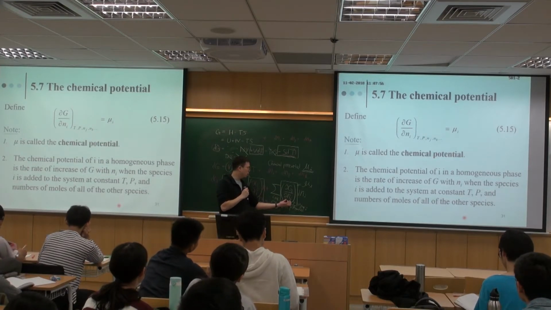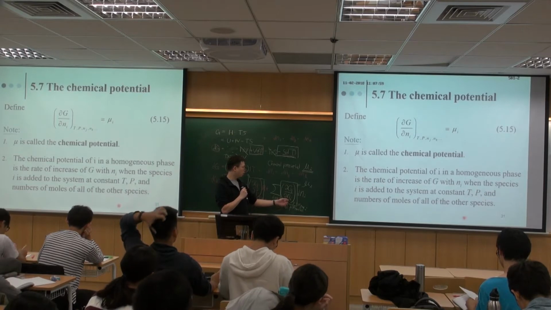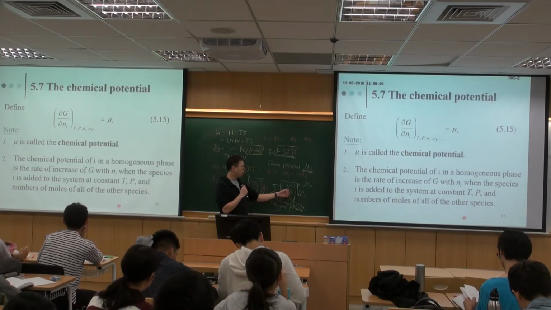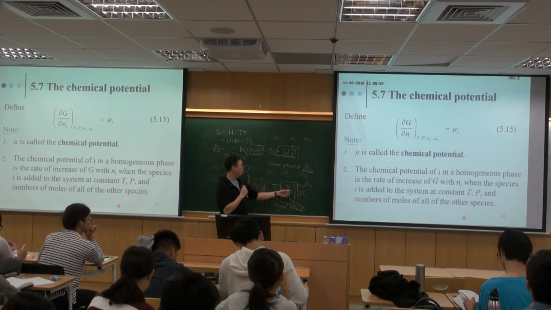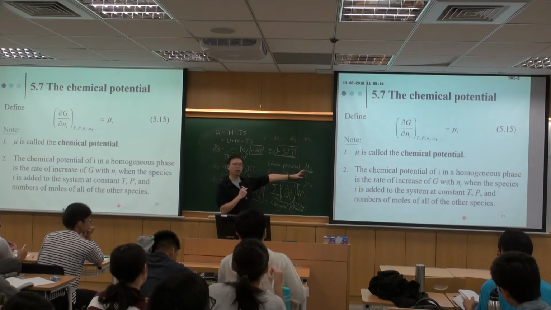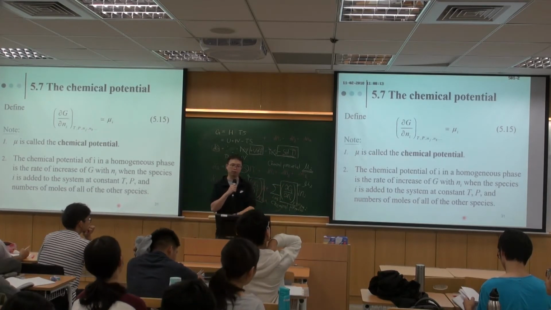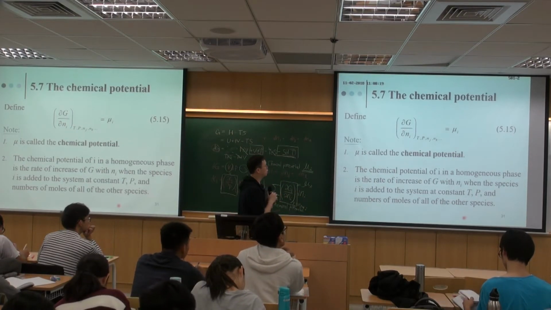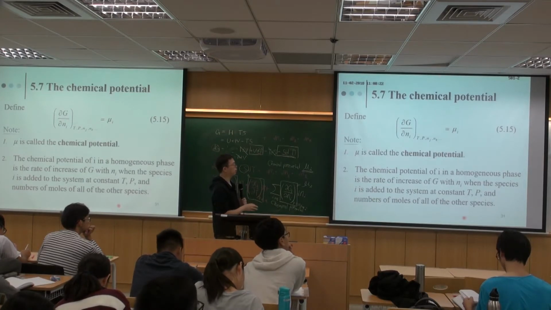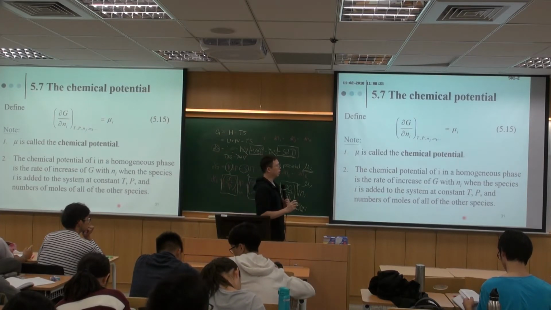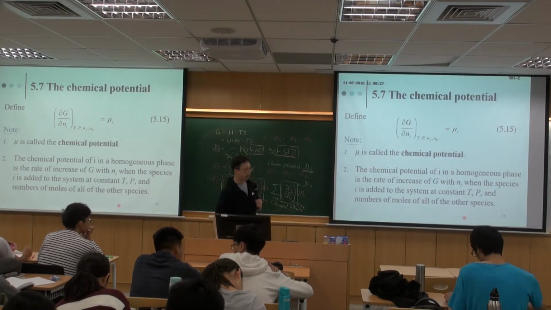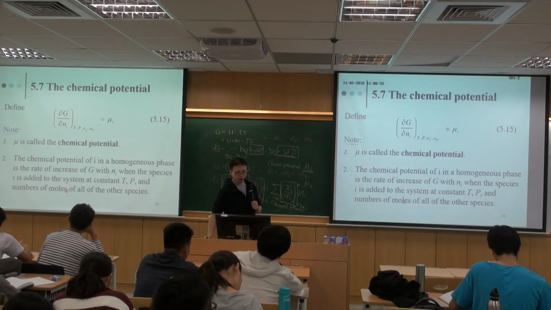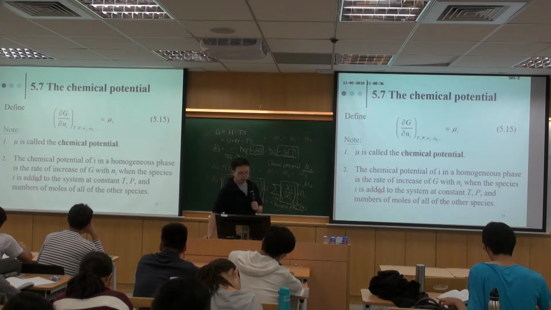So by changing a small amount of a mole of particles of a certain species i in the system, that will change the Gibbs free energy by a certain amount, and that rate of change is defined as the chemical potential of that species. So the chemical potential of i in a homogeneous phase is the rate of increase of Gibbs free energy with changing Ni, when the species i is added to the system at constant T and P, and the numbers of moles of all of the other species are held fixed.